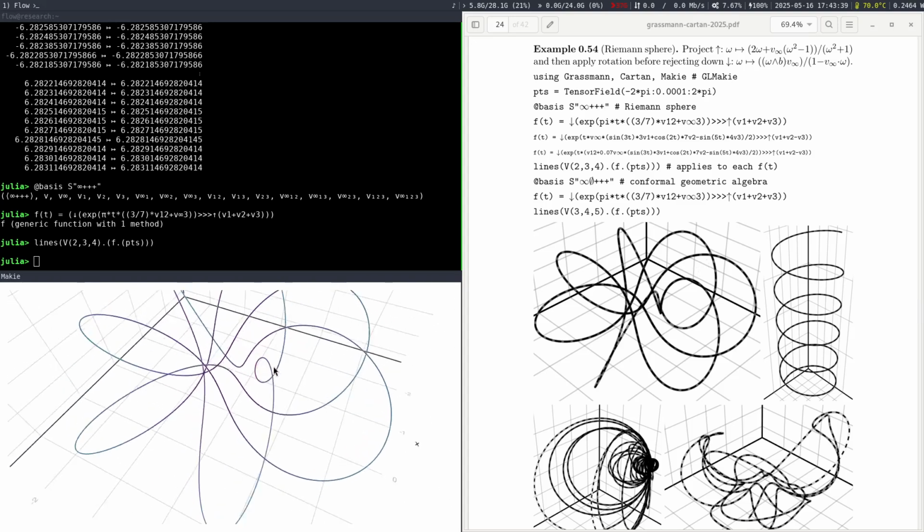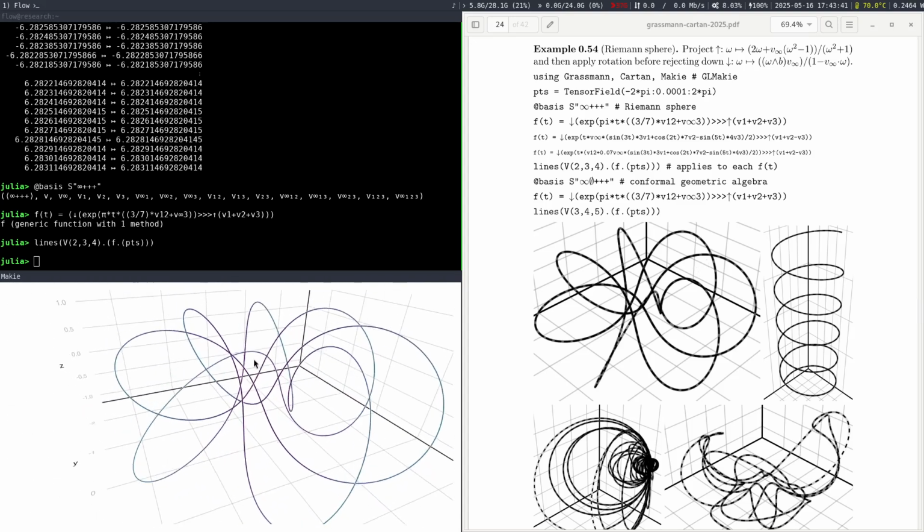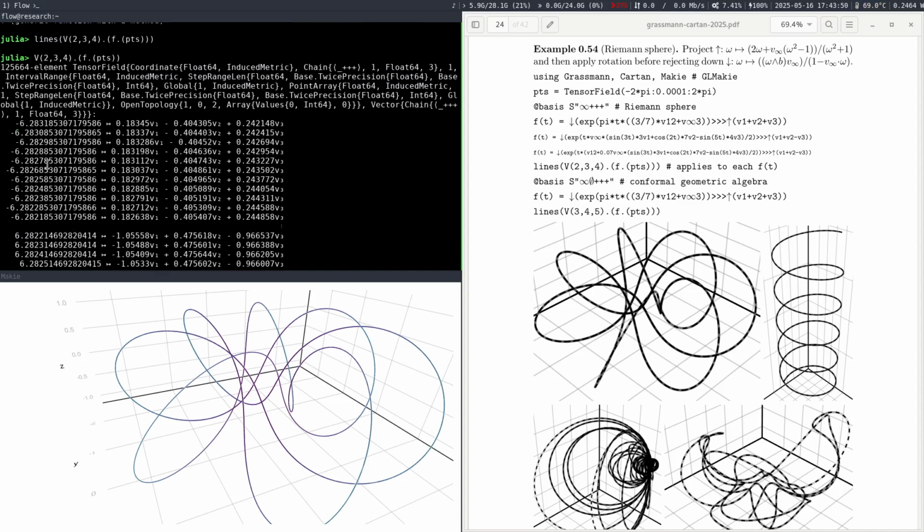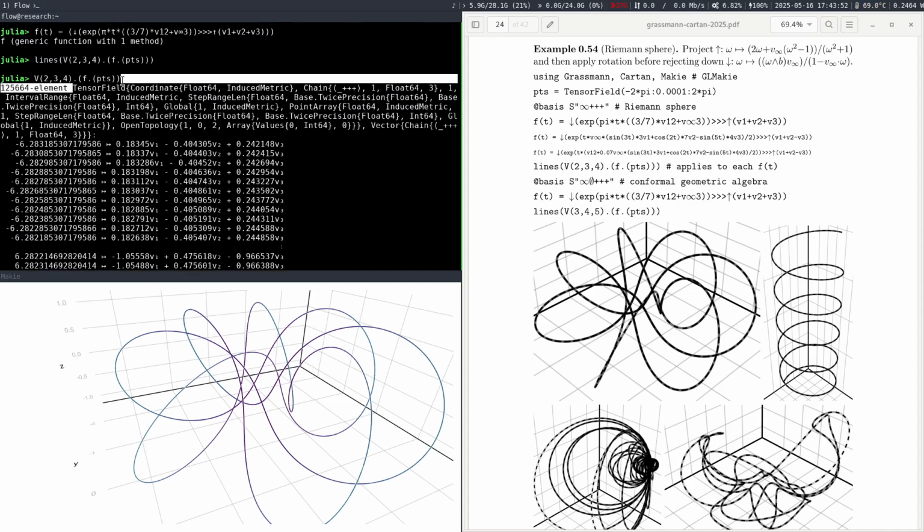So this just gives you the same plot as before, but now we treat the result as a tensor field like this, okay?